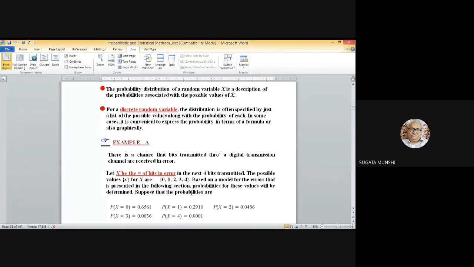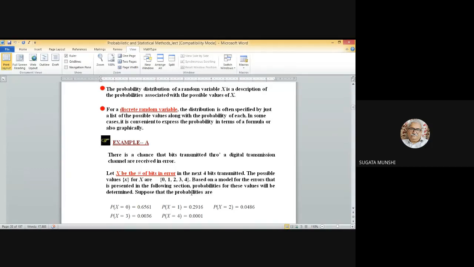So one or more of the bits transmitted will be in error. Here we are considering the number of bits in error in the next 4 bits that are to be transmitted.